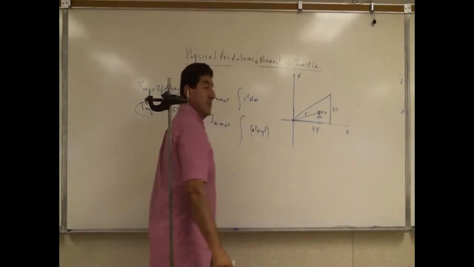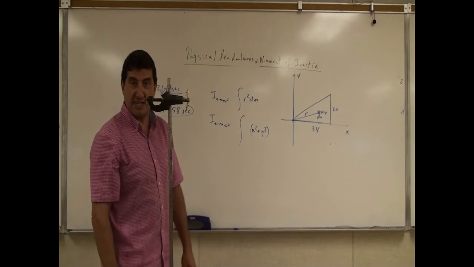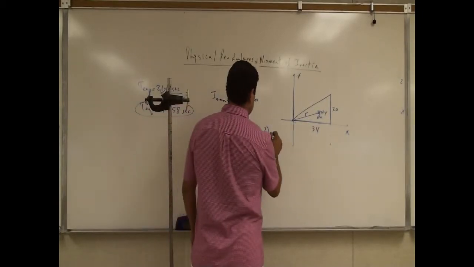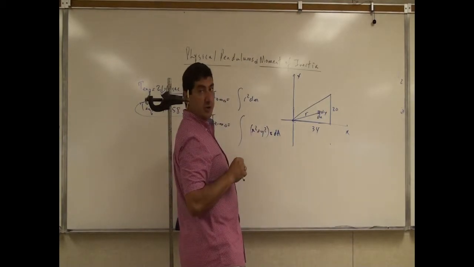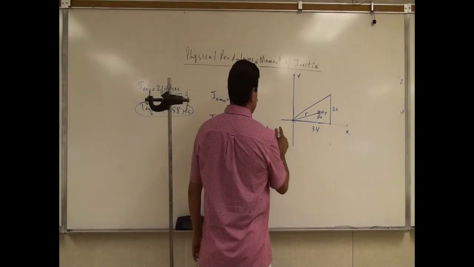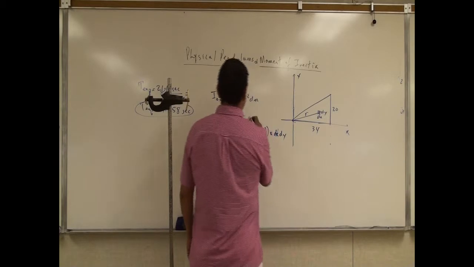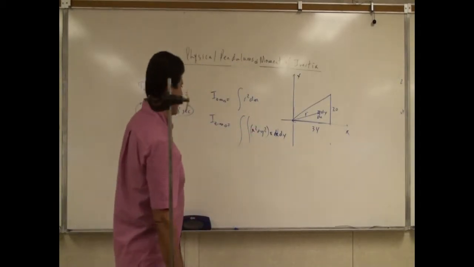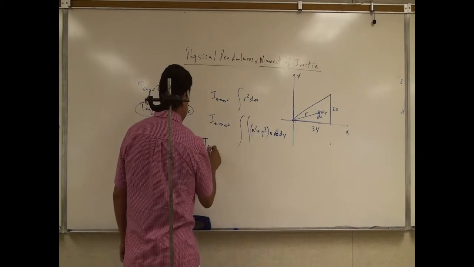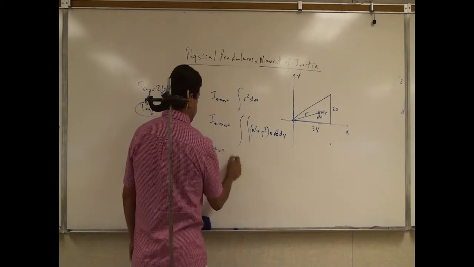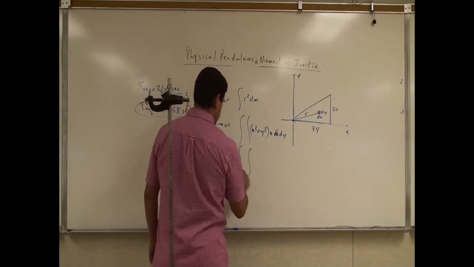And then dm is going to be the surface mass density, right? Sigma times dA, and then dA is going to be the area of that, so it's just dx dy, right? And then you do a double integral here, right? And then the sigma, which is the surface mass density, comes out. I_z-axis, right?